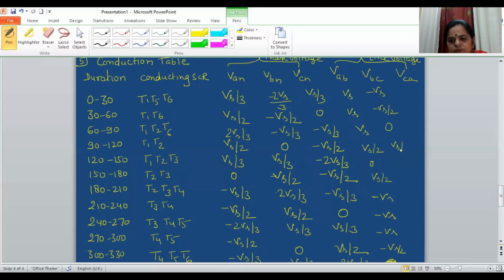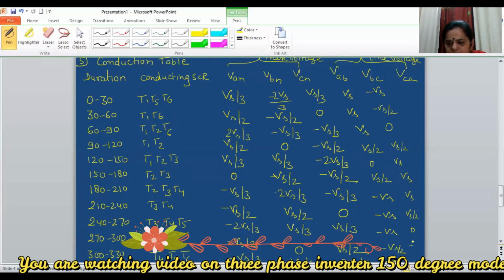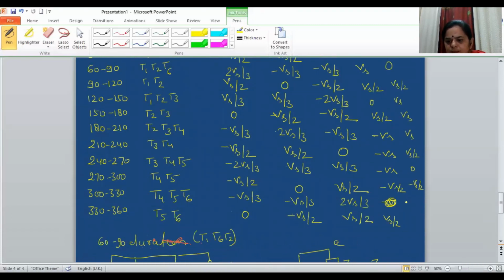This will be Vs by 2. This will be Vs. This will be Vs. This will be Vs by 2. This will be 0. This will be minus Vs by 2. And this will be minus Vs.